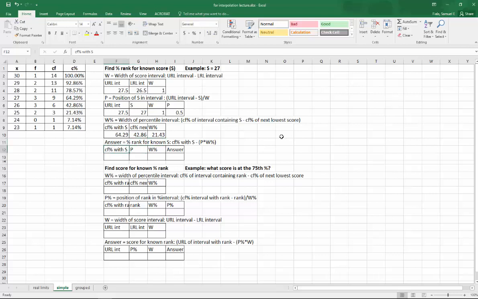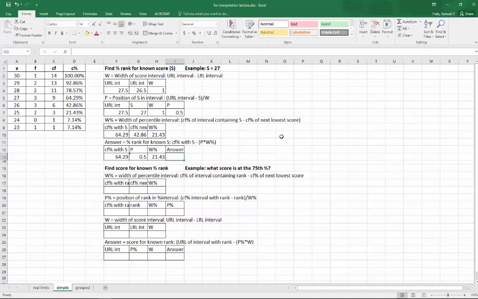So the answer would be the cumulative frequency percentage where the score is minus P times the width of the interval. So the cumulative frequency where the score is, we said already, was 64.29, right? P we calculated was 0.5. The W percentage, the width of that interval, we said was 21.43.